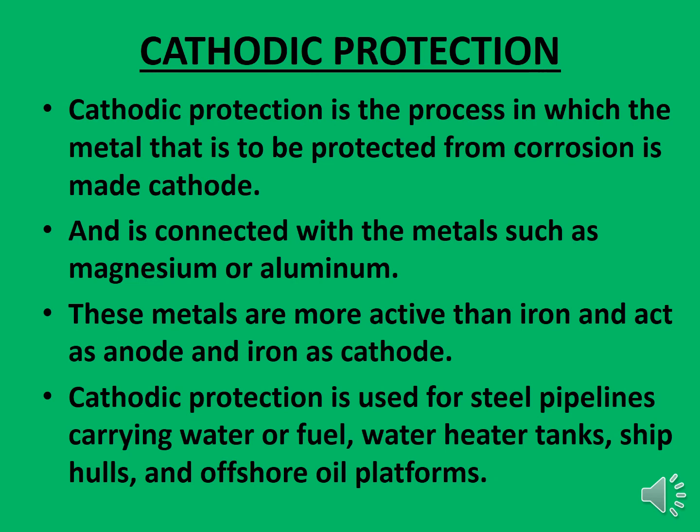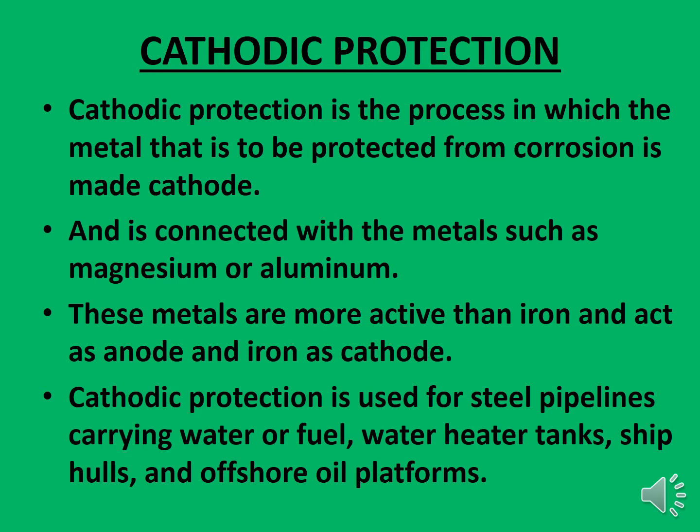The next method for corrosion prevention is cathodic protection. In this method, a metal that is to be protected from corrosion is made the cathode and is connected with a metal such as magnesium or aluminum. Because these metals are more active, they will act as anode and get oxidized.